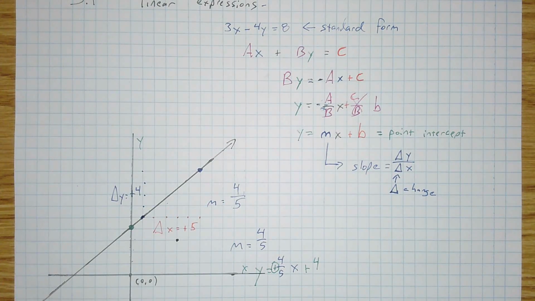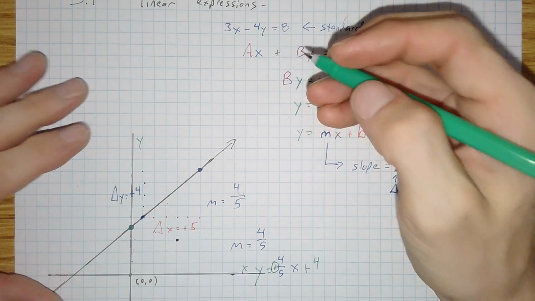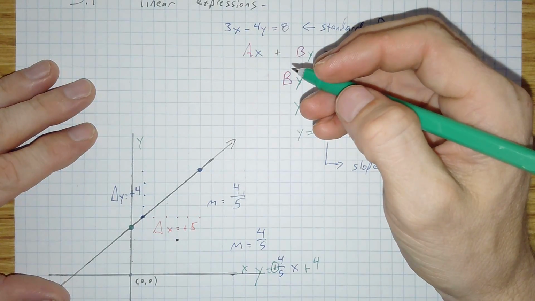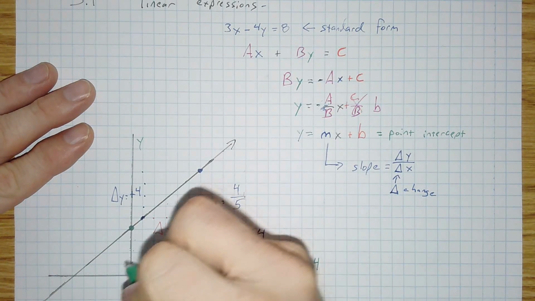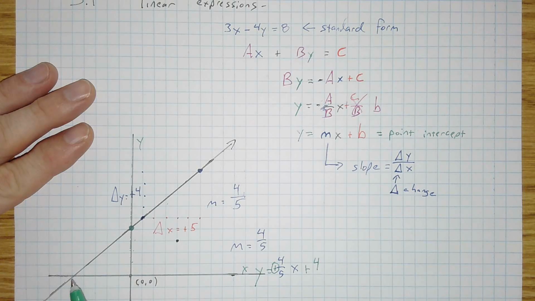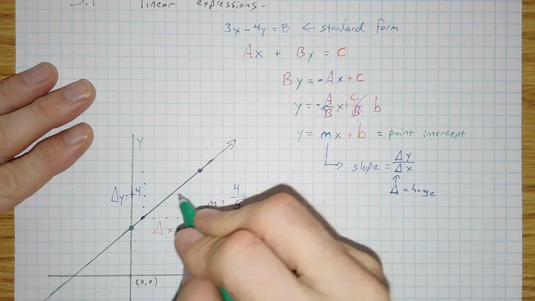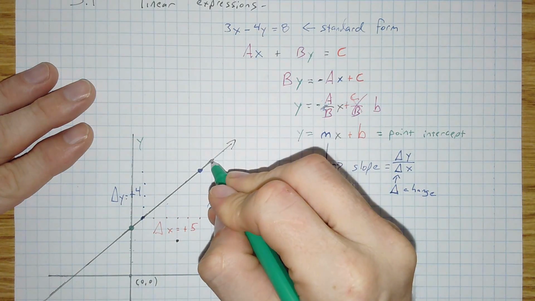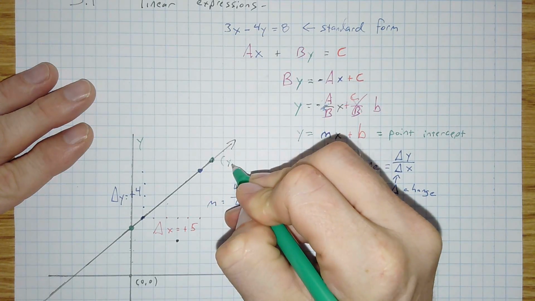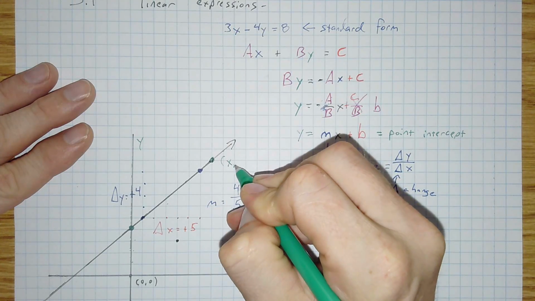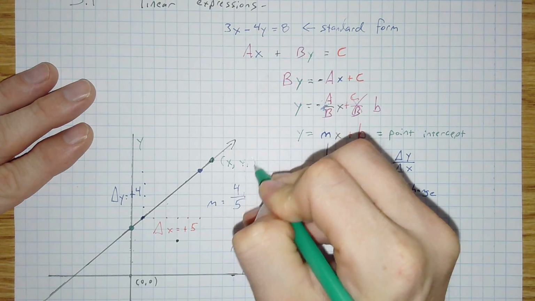Okay, and we'll call one y sub 1 and x sub 1. Maybe, let's see, I had a good point on here, like this point. Call this one x sub 1, y sub 1.